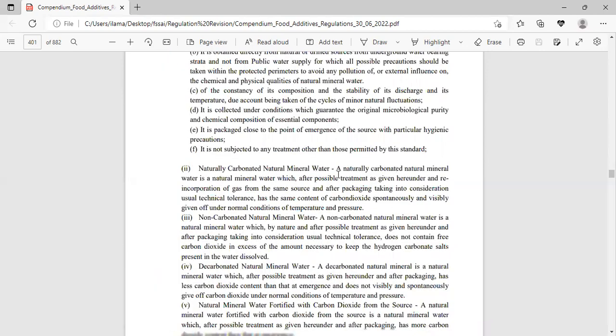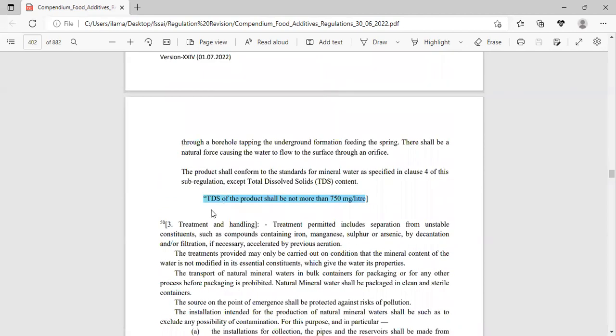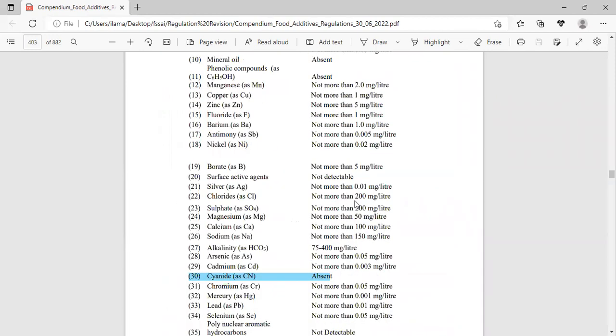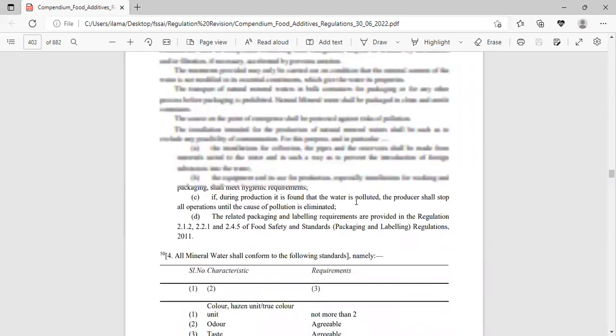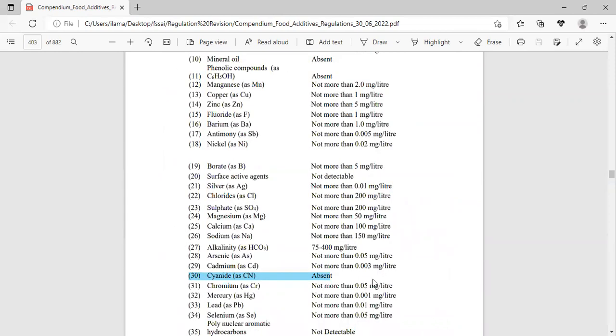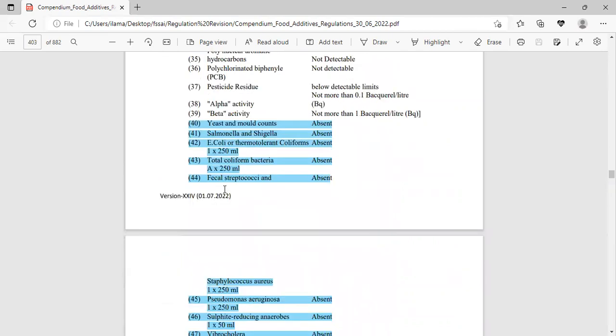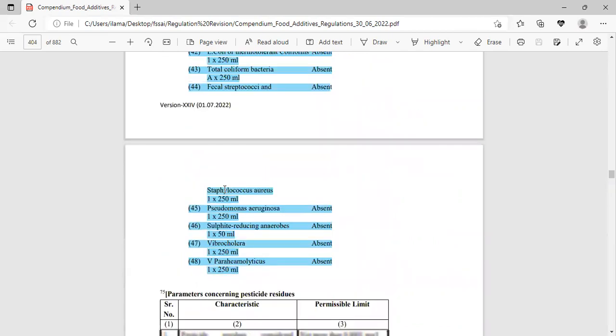In mineral water, the TDS value is not more than 750 mg per liter. And in mineral water, the cyanide has to be absent, and yeast and mold, Shigella, and all coliform bacteria have to be absent.